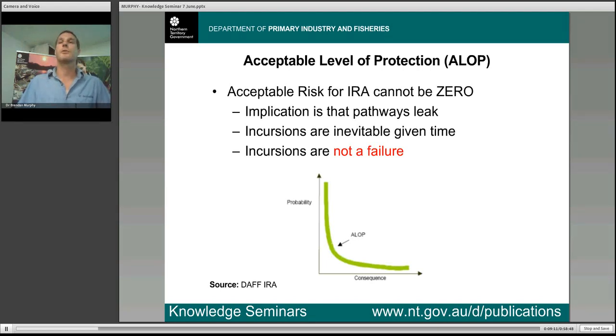This is because we can set what's called the acceptable level of protection to a very, very low but non-zero level. So we can't enforce regulations that reduce that to zero. So we have to accept that there is going to be a built-in leakiness in the system. And given enough sampling events, invasions will happen over time. So overall, we have to accept that incursions are not a failure of the system. They are going to happen, and we need to do surveillance to find them in time to have some benefit.